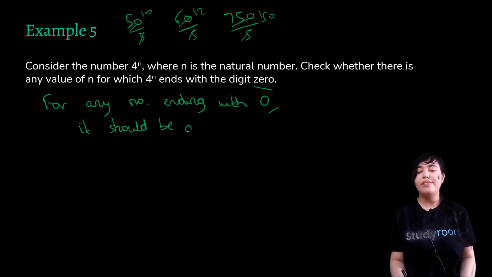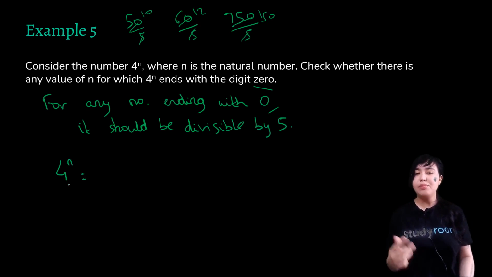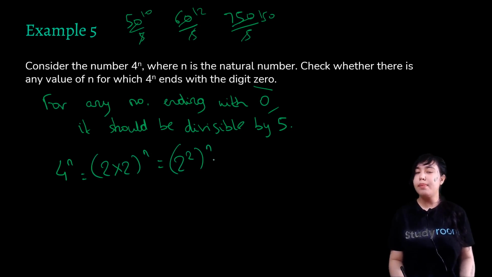Now we know that 5 is also a prime factor, so we can make use of the fundamental theorem of arithmetic here. 4 to the power n can be written as a product of its prime factors. What are the prime factors of 4? 2 and 2. This will become whole to the power n. Again, I can combine these primes as 2 to the power 2 whole to the power n.